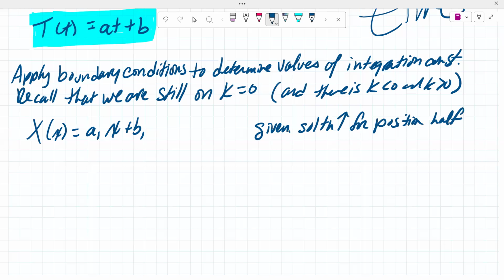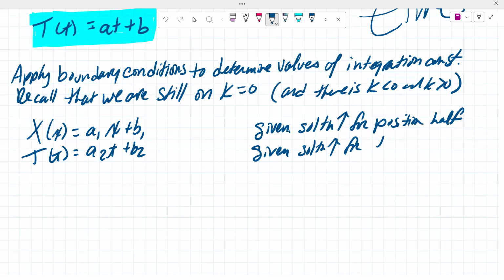All right, now we have T of t equals a2 t plus b2, given. Solution above for time half.